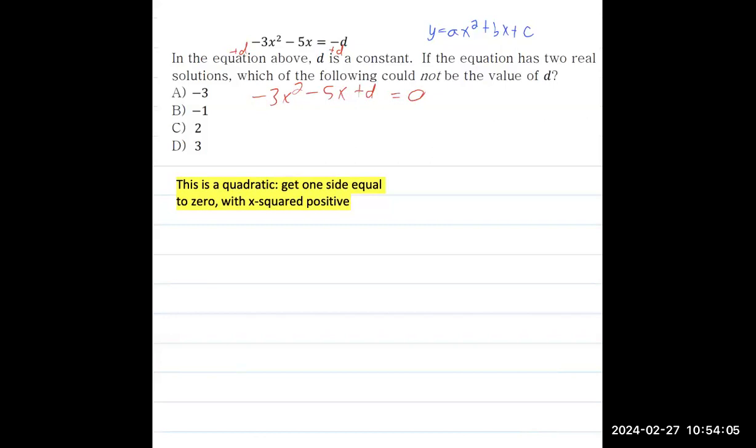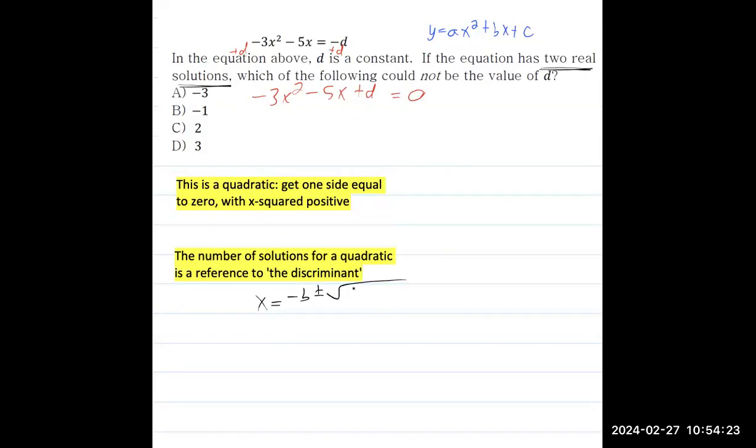Now, the other thing to notice in this question is we're being told the number of solutions. And the number of solutions for a quadratic is a reference to the discriminant. The discriminant comes from the quadratic formula, which if you don't know by heart, you should memorize.